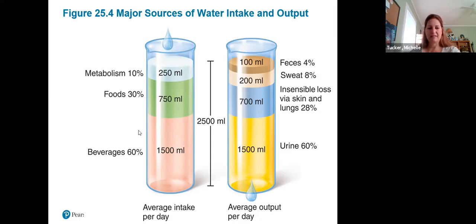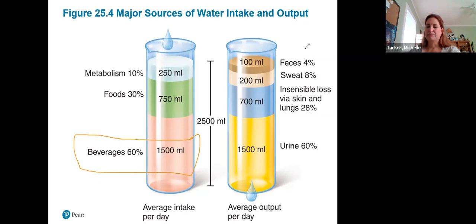And you can change these amounts. If we need more water, we tend to increase our fluid intake. And this is done by something called the thirst reflex.